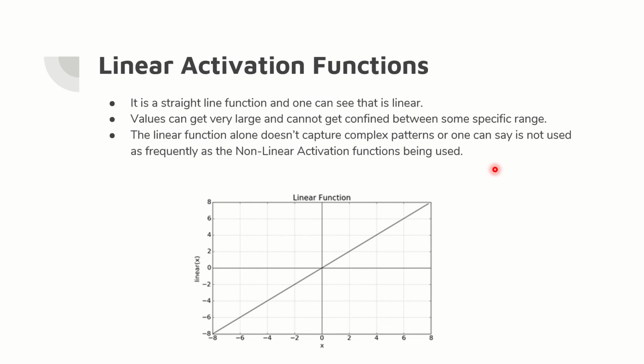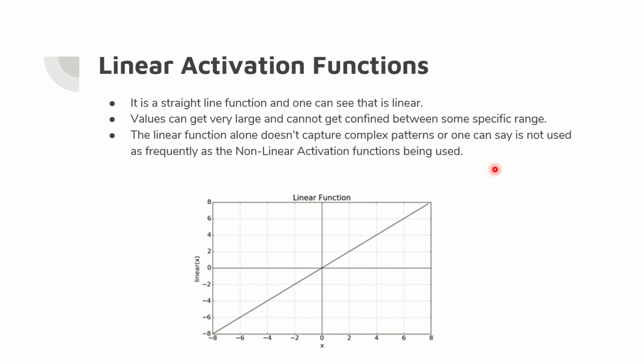For example, I cannot specifically say that the value starts here and ends up there. The range is vast here. The most important aspect of a linear function is that it doesn't capture complex patterns. So linear activation functions are not used as frequently as non-linear activation functions.